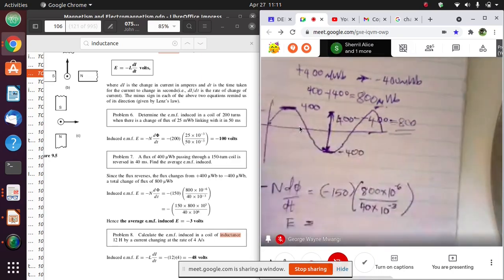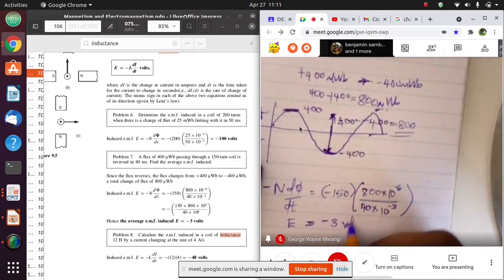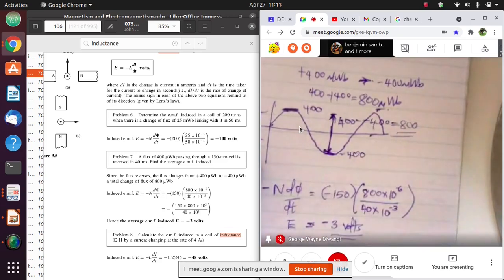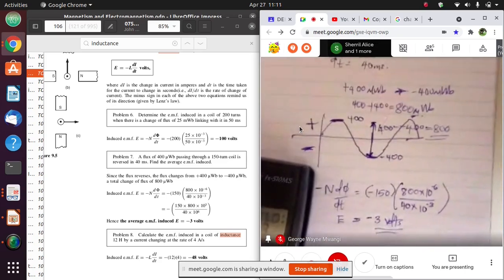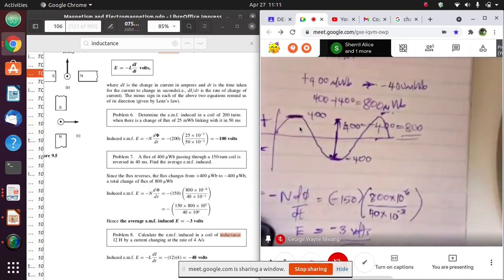That gives you an average induced EMF of 3 volts. Sawa. Yes. Is there a question up to that point?